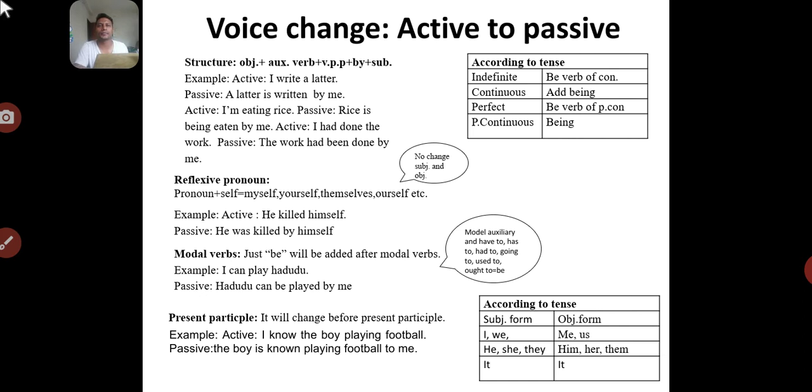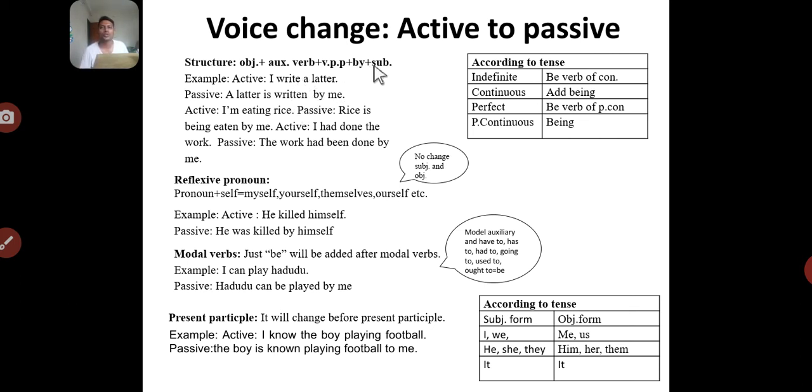So here the sentence is present indefinite. So the auxiliary verb of continuous is am, is, are. Here the auxiliary verb is the present continuous tense's is, and the main verb is write, so the past participle form of write is written.